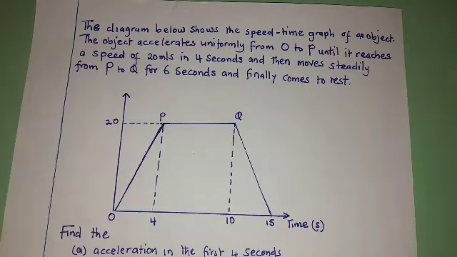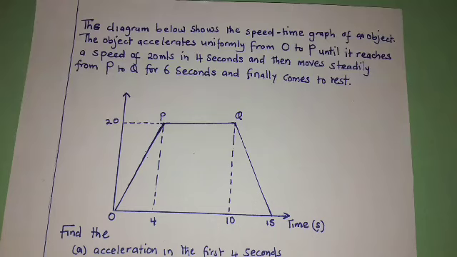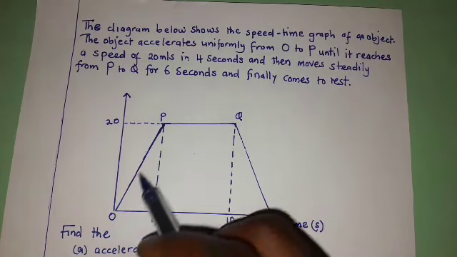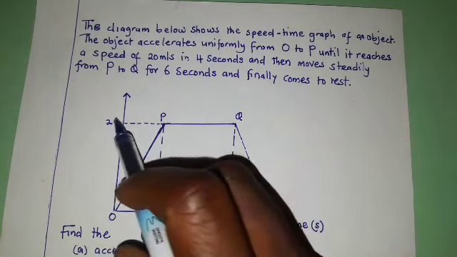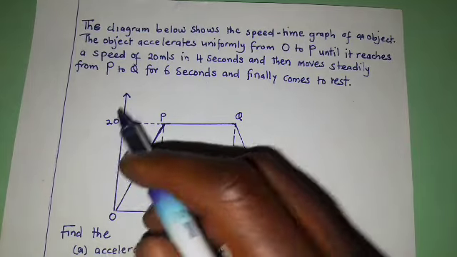The diagram below shows a speed time graph of an object. The object accelerates uniformly from 0, which is this point, up to P, until it reaches a speed of, this is the speed here.